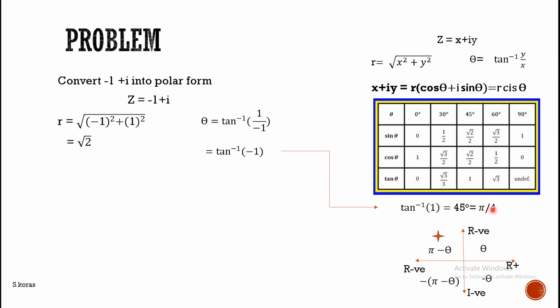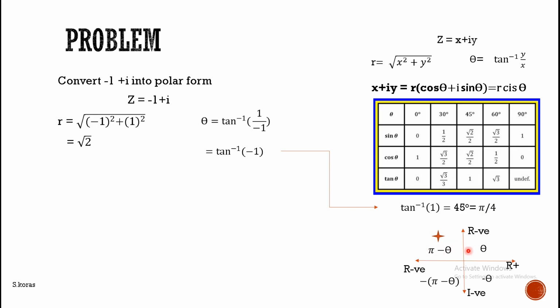So now you have found the argument, but this is not the exact argument. You must be very careful, right? Then how to find the exact angle or the argument? Go and see in which quadrant it lies. It lies in the second quadrant. What is the formula for that? That is pi minus theta.